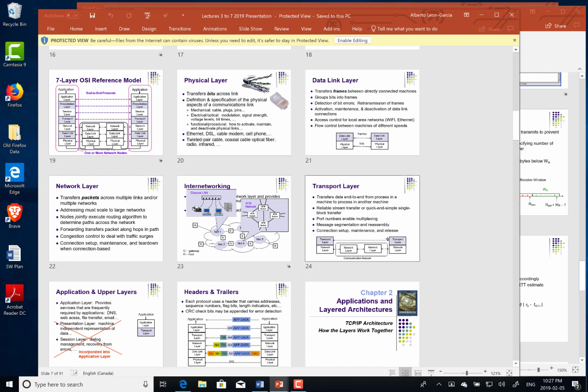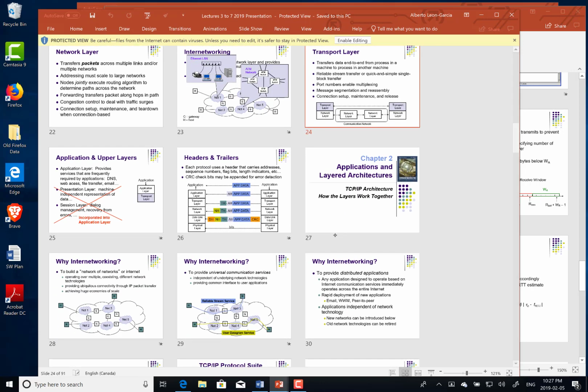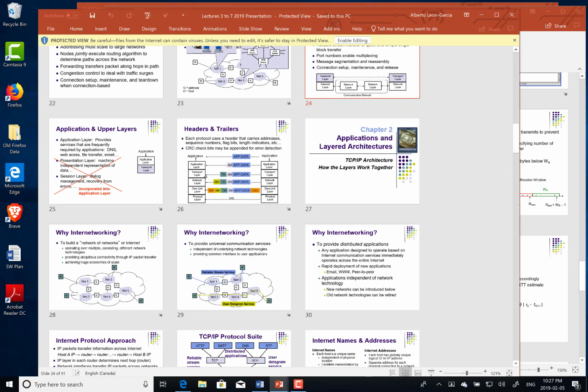The examples that we had were TCP and UDP. These reside only at the client and server, not inside the network. There were other layers: the session layer and presentation layer, which are not used, and then the application layer. So in essence, what we have is a 5-layer stack that is used in practice: physical, data link, network, transport, and application.